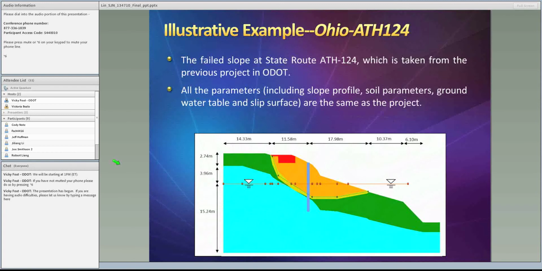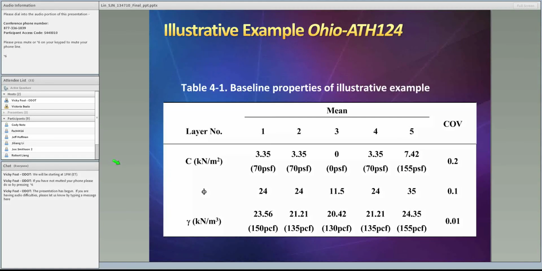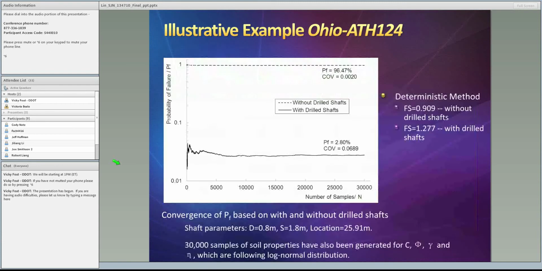Only these two values we generated. And this part is the deterministic part. If we use these parameters, with diameter equal to 0.8 meter, spacing equal to 1.8 meter, and location at 25.91 meters, the corresponding factor of safety is 0.9 without the shaft and 1.277 with the shaft.